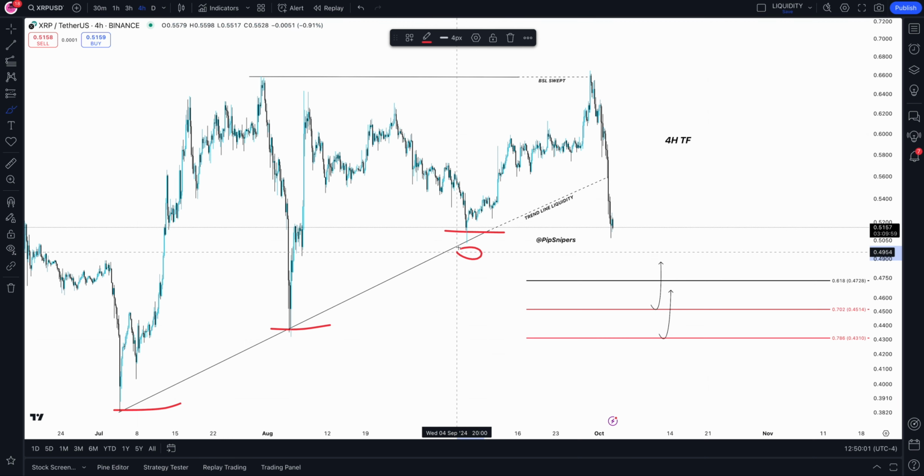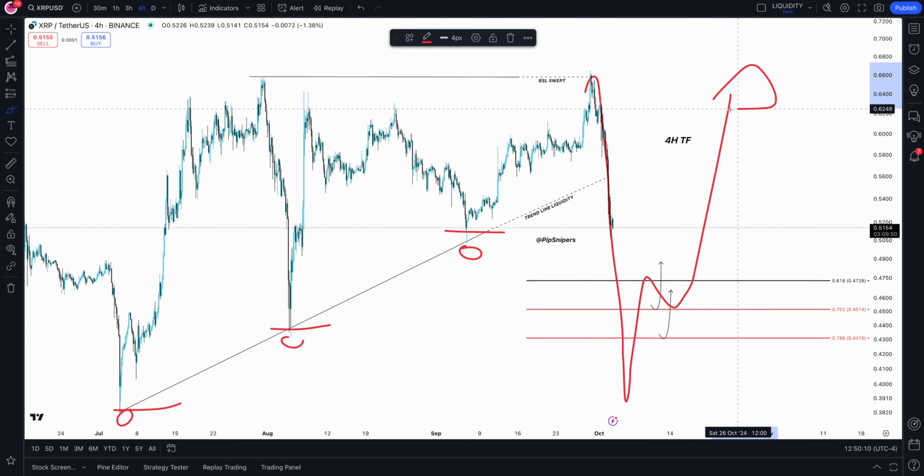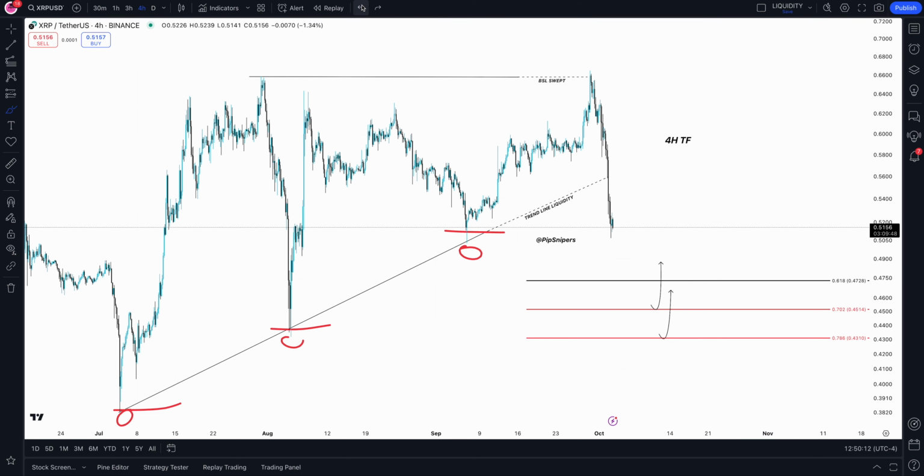Let me just put my buy stop underneath, right? So what does the market do? The market goes ahead, takes out all of those buy stops, flushes those buy stops, and then reverts back into the opposing direction.